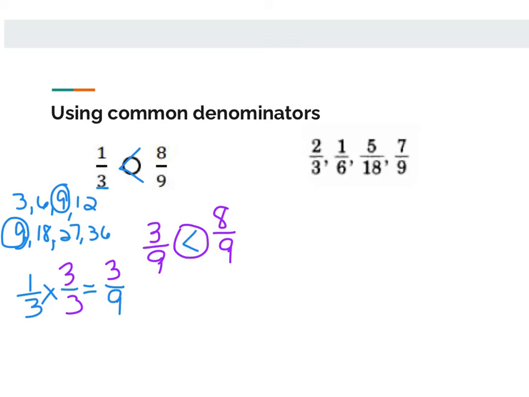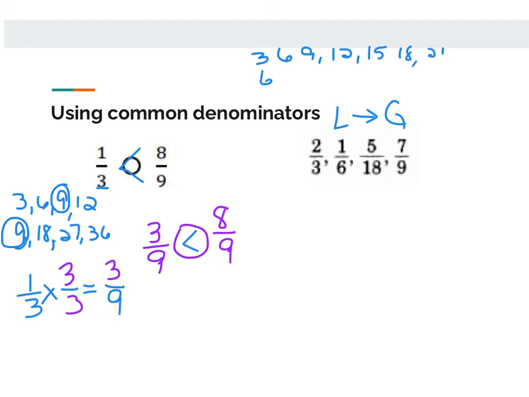Now when you have more than one, like we do here, and again, we're going to go ahead and do least to greatest. So in this case, I'm going to go ahead and do my common denominators. So I'm going to put them up here. So 3, 6, 9, 12, 15, 18, 21.